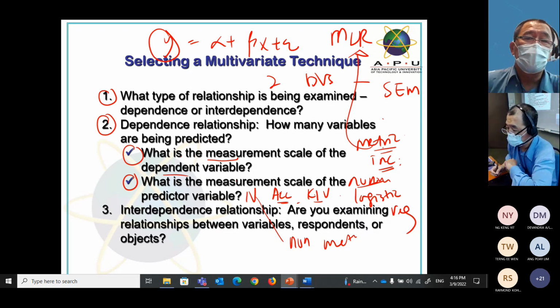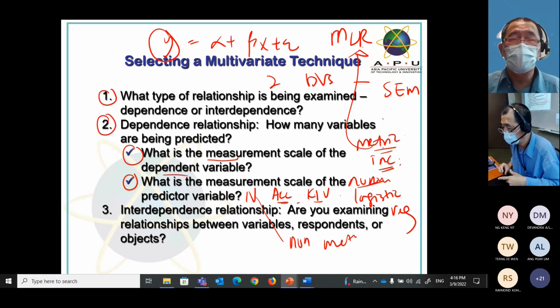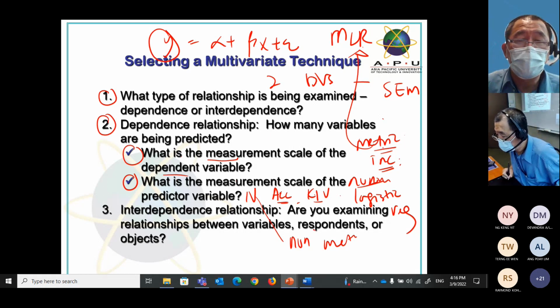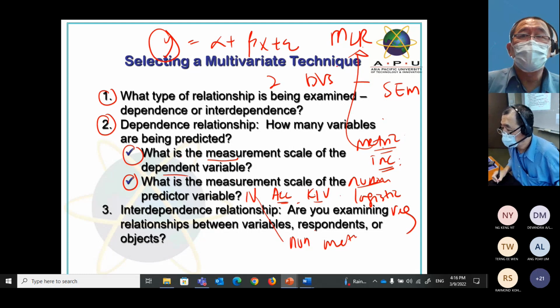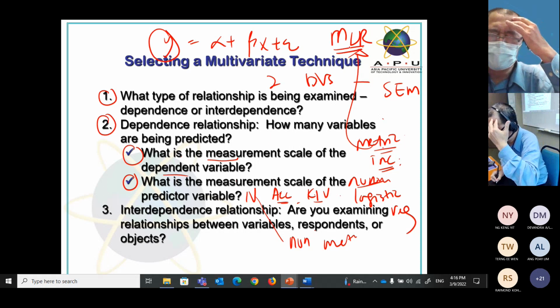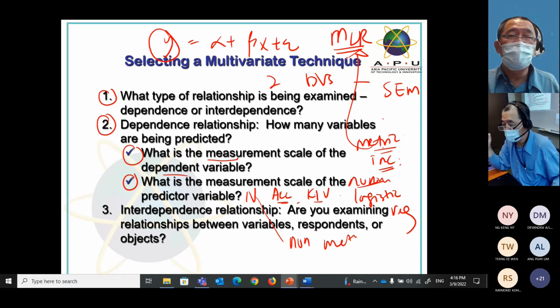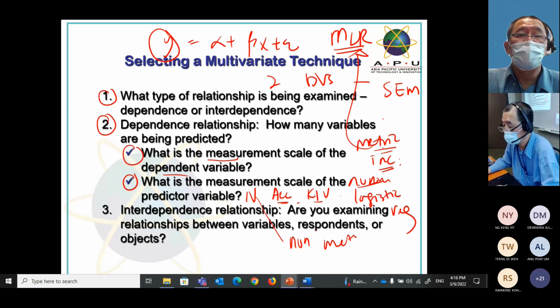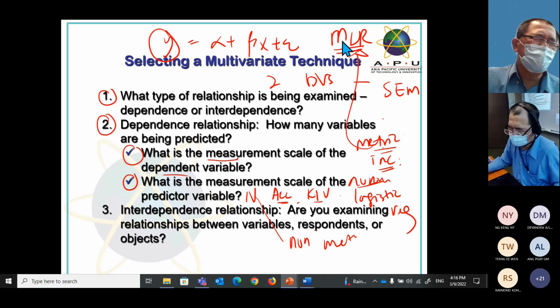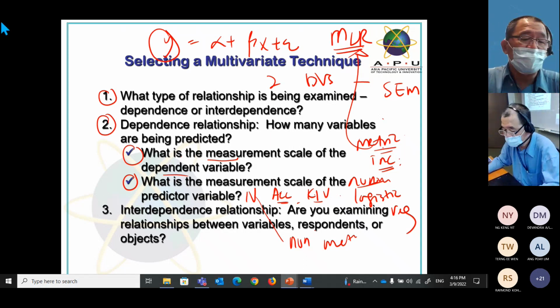We are going to see this also later. Let's say you want to use multiple linear regression. Be careful. For your assignment, you should look for data. The data that you look for should actually be all metric.